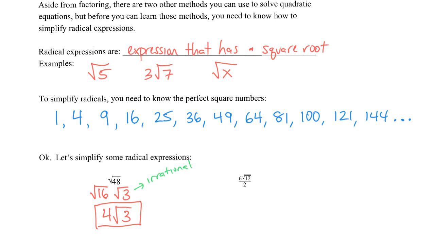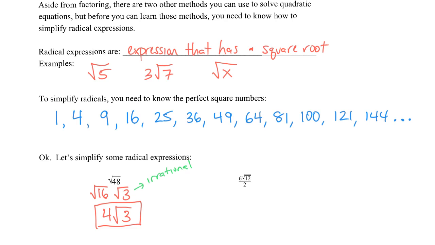Now, the other thing I want to point out is that if you put radical 48 in your calculator, which I will do right now, and you can too, you're going to get 6.92820, blah, blah, blah. And what I want to point out to you is that if you put 4 radical 3 in your calculator, you're going to get the exact same thing.